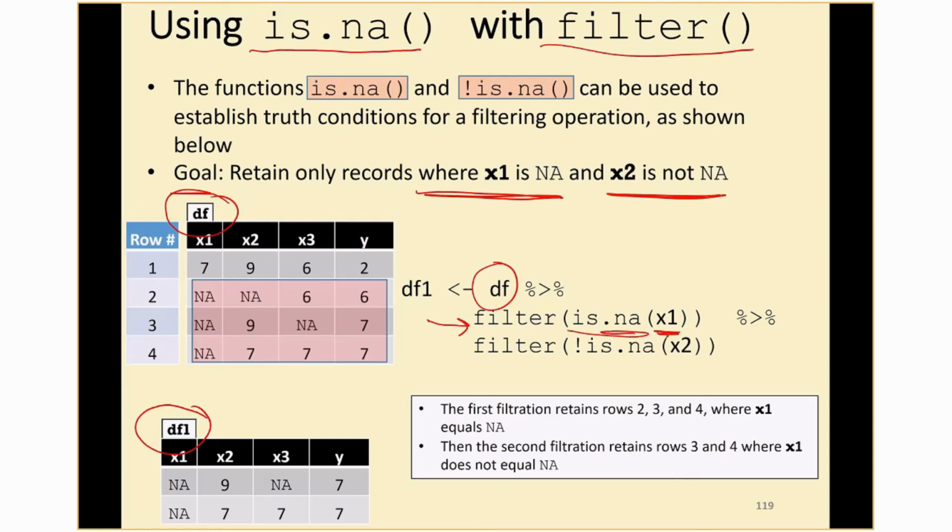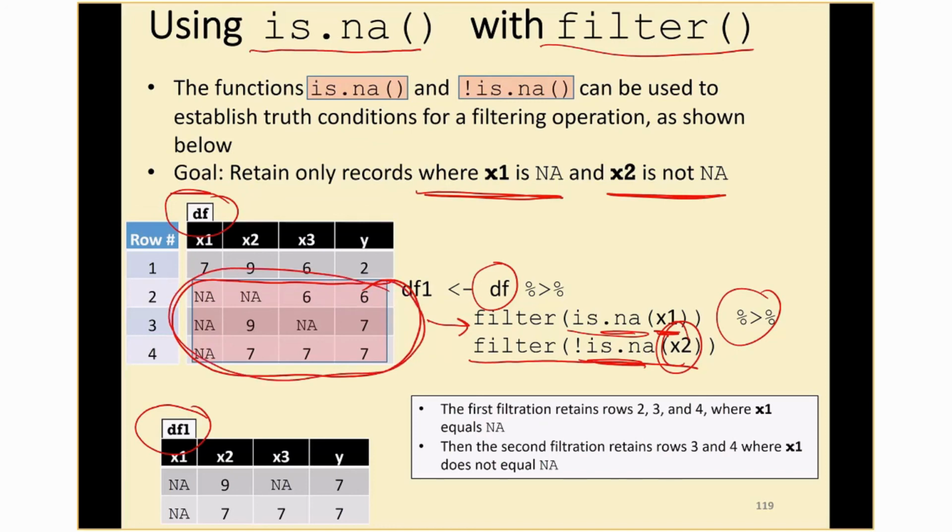So at the end of the first step, we'll have retained these 3 records. Then, after the piping operator, we retain only those records for which x2 is not NA. Of these 3 records, which ones have x2 not NA? It's these 2 here at the bottom. They are the only ones that are retained.